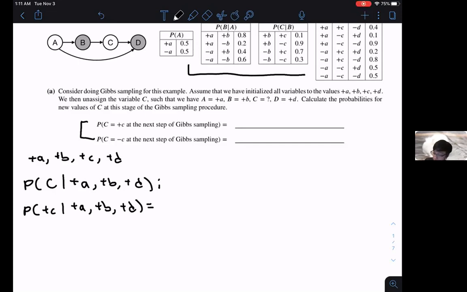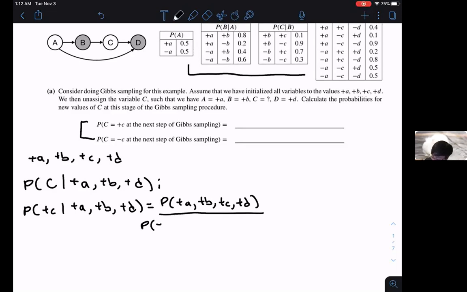By Bayes' rule, this is the same as the probability of plus a, plus b, plus c, plus d divided by the joint distribution of just the right side of the condition. And in this case, just to set it up for later, I'm going to write this as the following.